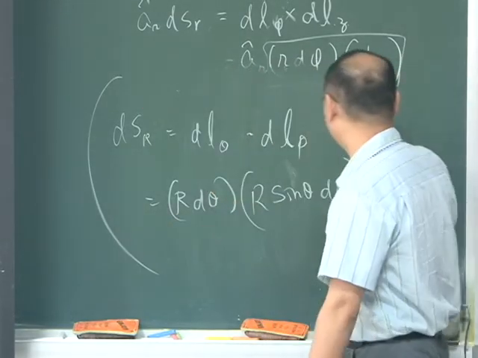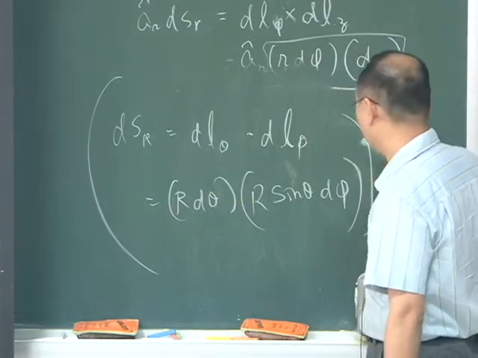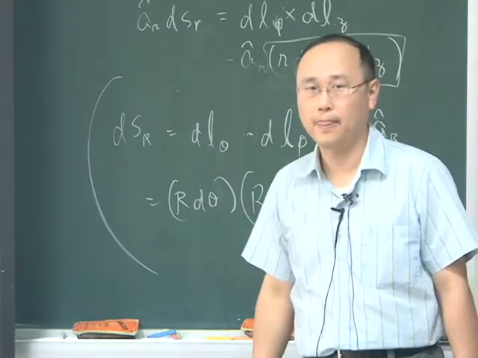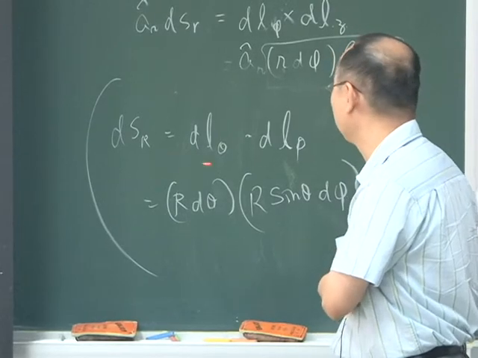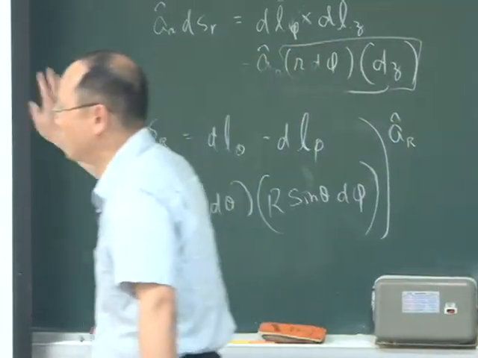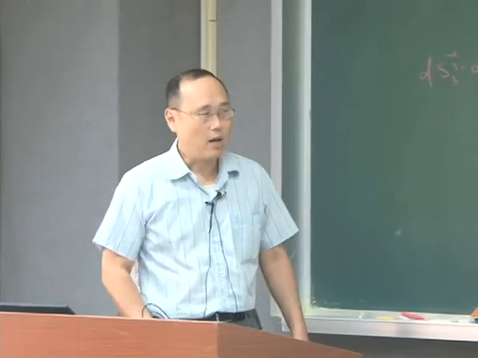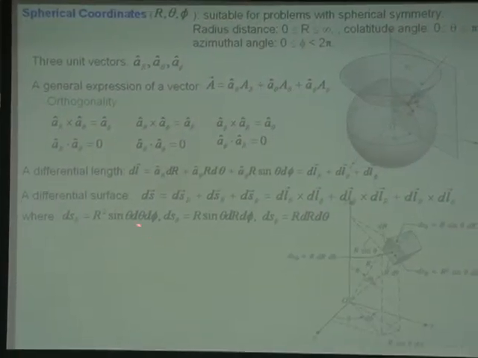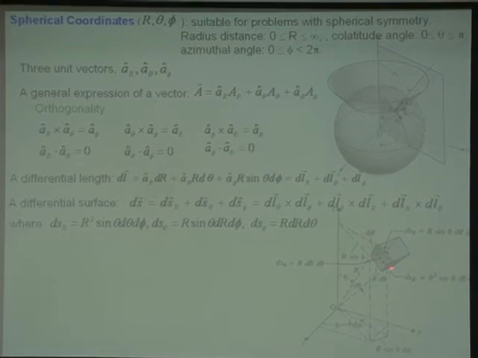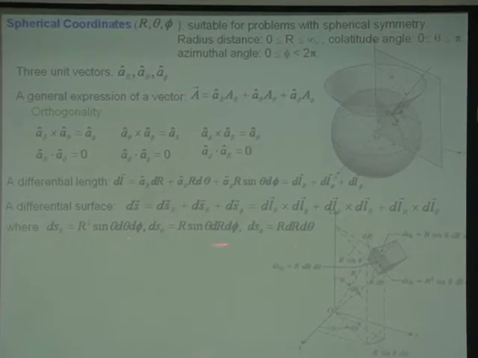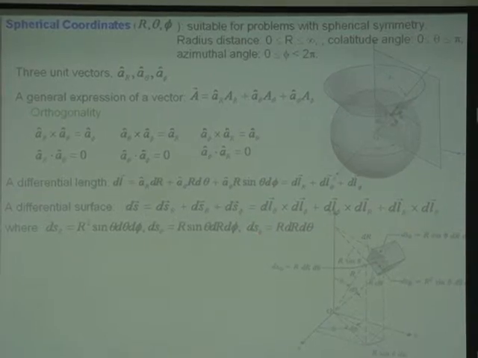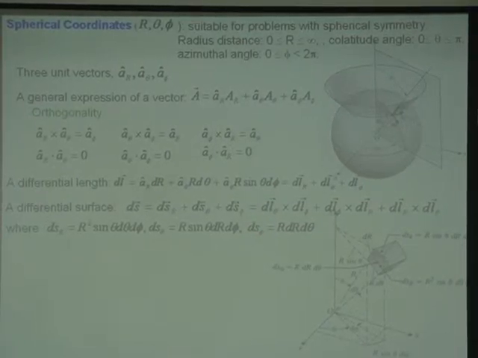Right, and the whole thing is along r direction. Okay, so you can really construct the three surfaces from this geometry. Again, you have all three surfaces. Then you can calculate the small volume right here. You can just pick up any of the three surfaces and multiply with the height of the volume.